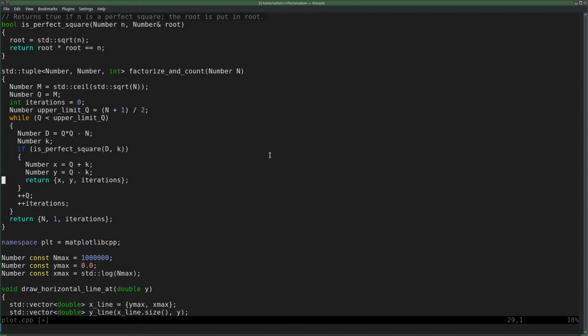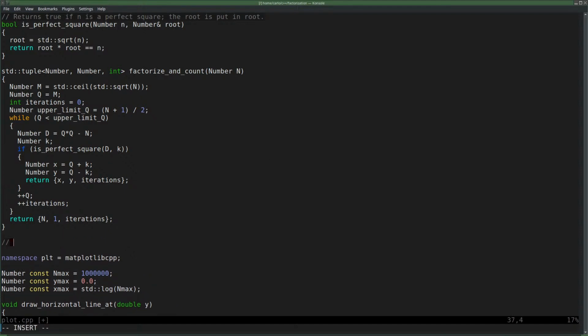So what you roughly saw is that Q needs to be more or less n divided by 2. To be precise, n plus 1 divided by 2 minus the ceiling of the square root of n.